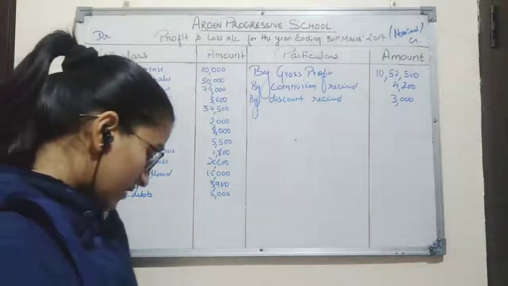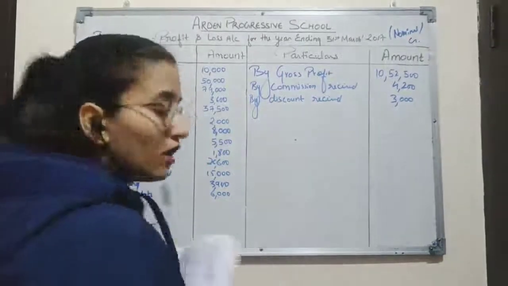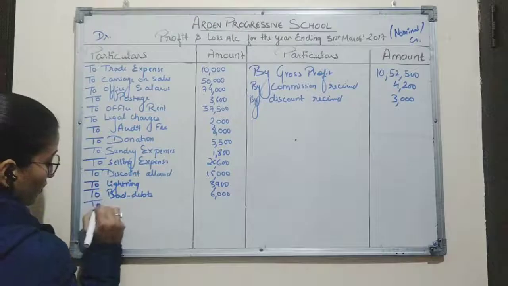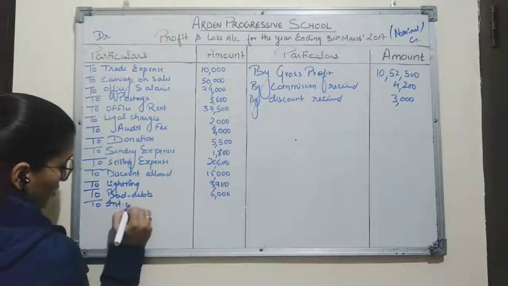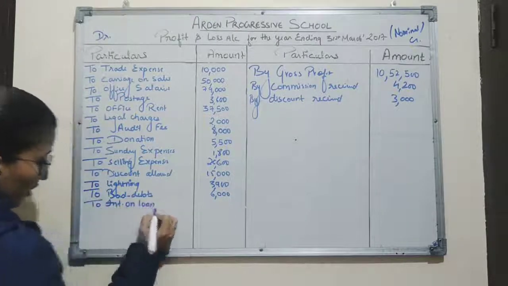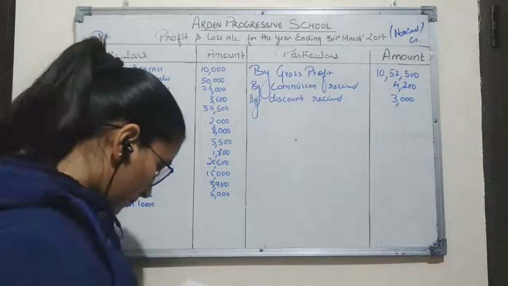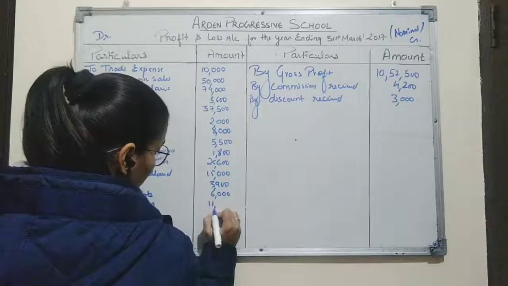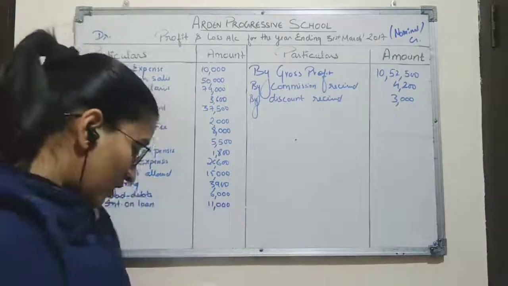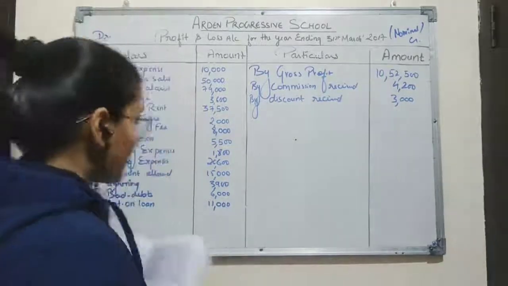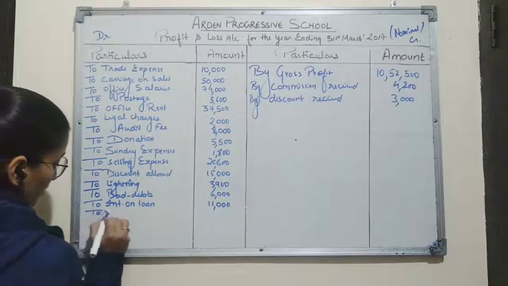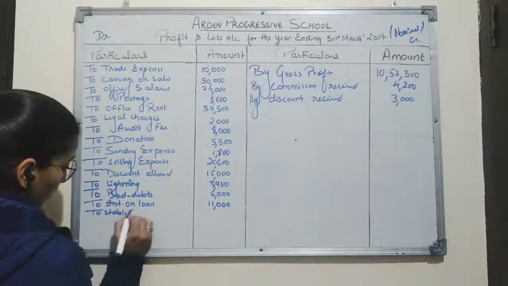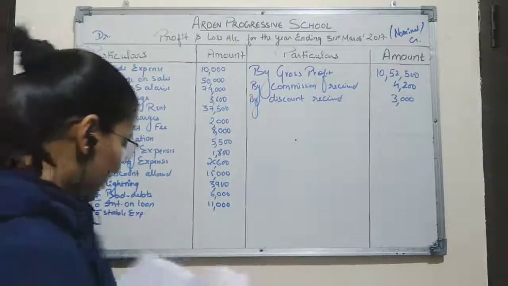After this, next expenses, interest on loan. To interest on loan. Amount is rupees 11,000. Next is stable expenses. To stable expenses.